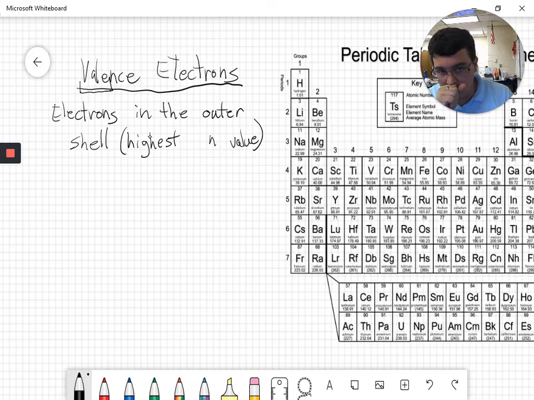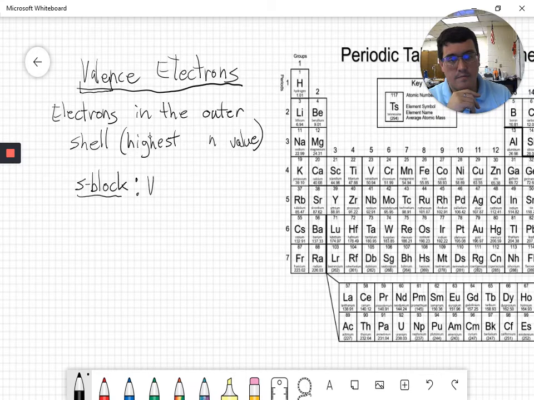And it's important to know that we can tell how many valence electrons an atom of an element has based off of its position on the periodic table, but we group them by three different groups. In the s block, the number of valence electrons is equal to the group number.